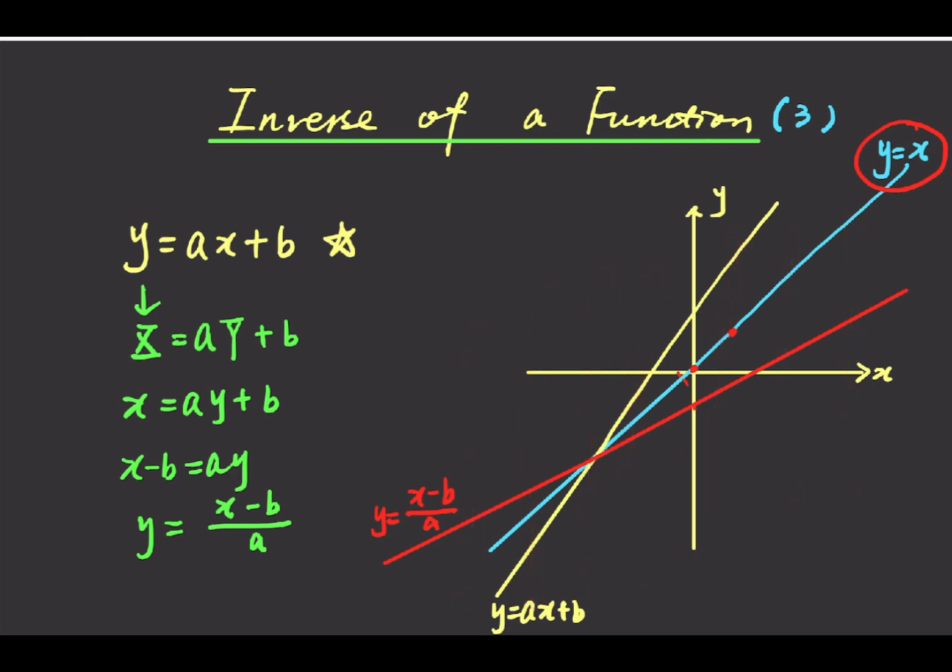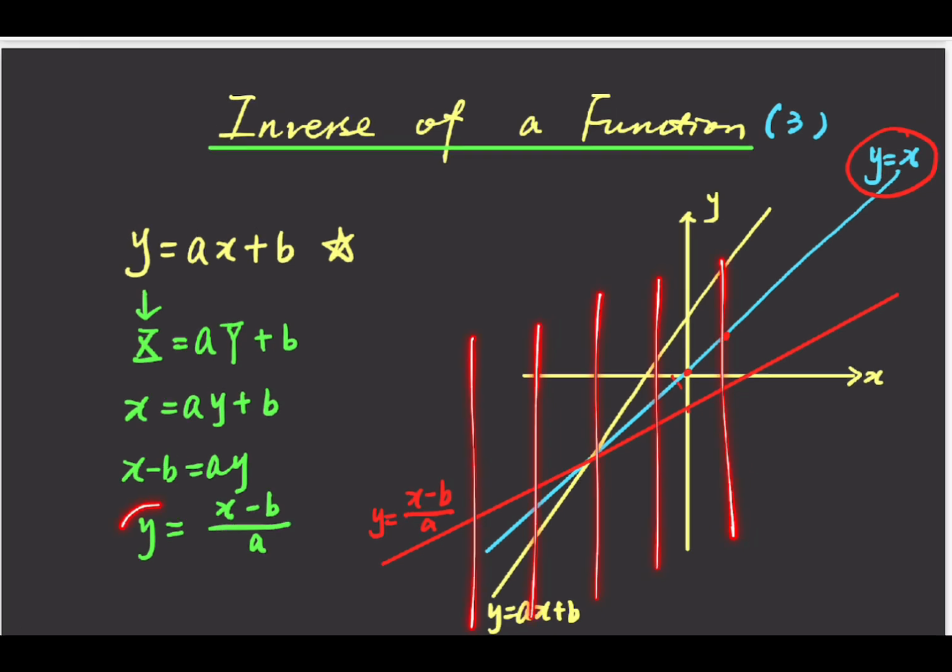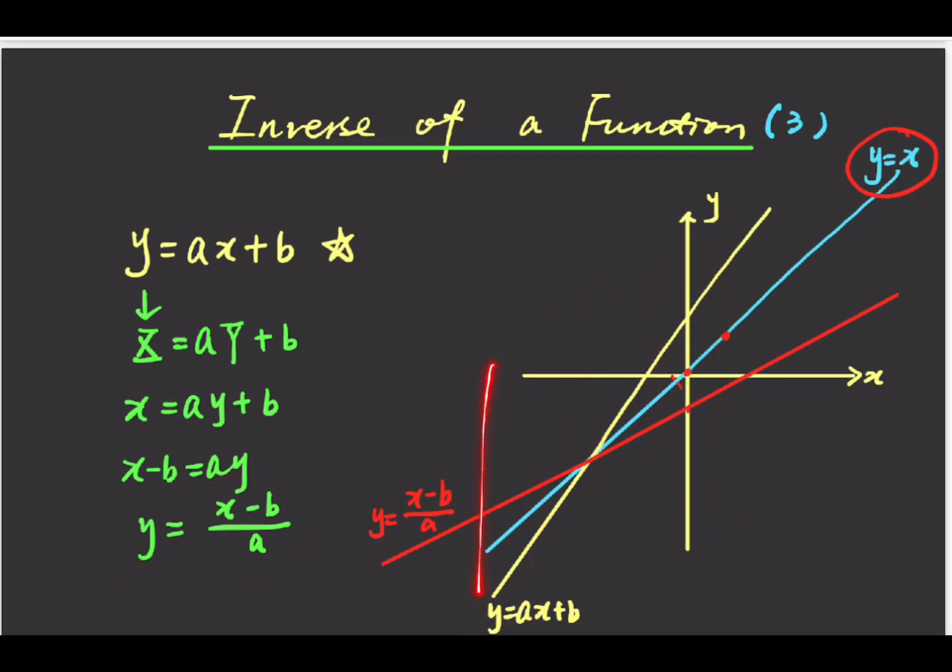That is to say, for any vertical line, the relation represented by this equation just has only one POI with the vertical line. So in geometry, we can say this graph can pass vertical line test. So it should be a function.